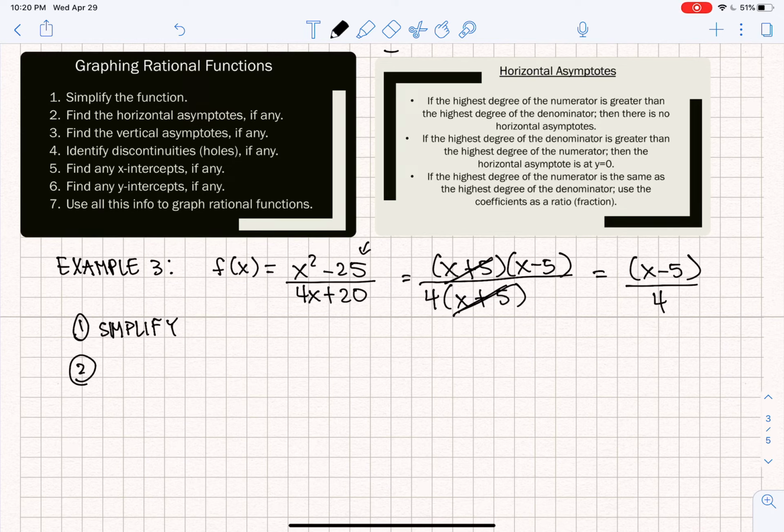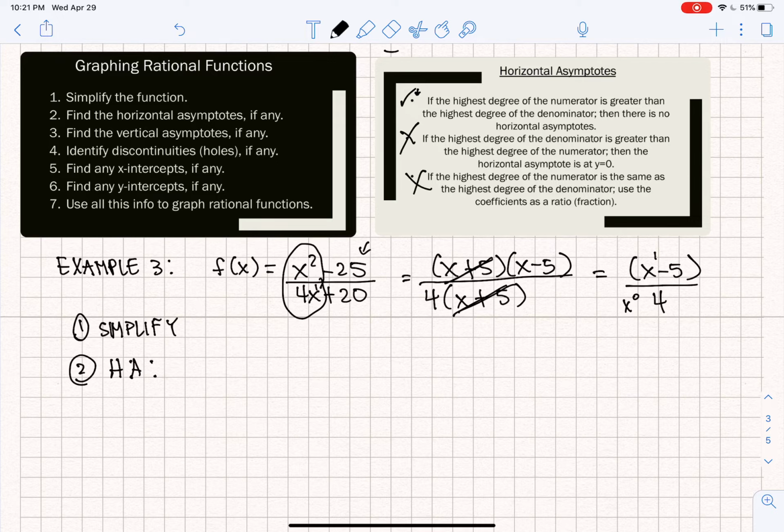All right, so let's look for our horizontal asymptotes. Remember, we're looking at the degree. This is a degree 1. We don't have any x factors down at the bottom; there's a 2 here and a 1 here, so this would be like a degree 0. Is the highest degree of the numerator greater than the degree of the denominator? Yes. Is the highest degree in the denominator? No. Are they the same?